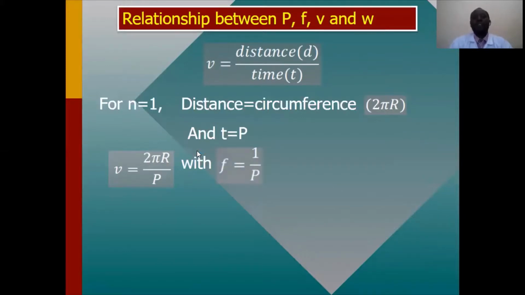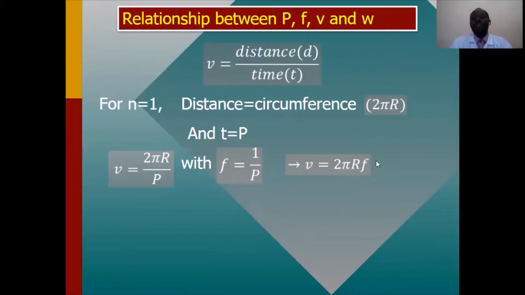Since the frequency is equal to the inverse of the period, we have the second relationship of linear velocity and frequency. Linear velocity is equal to 2 pi radius times the frequency. So this means that when the linear velocity is high, the frequency will also be high.